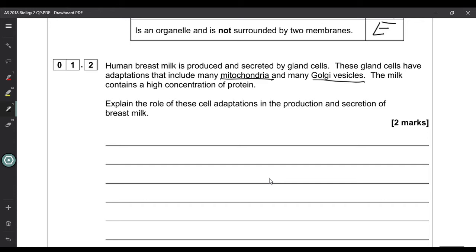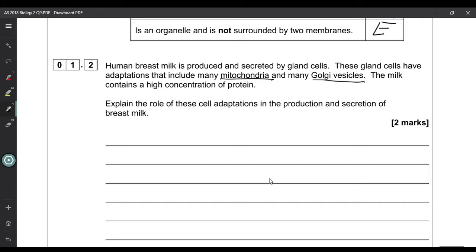So we've got to link the mitochondria and the Golgi vesicles to the production and secretion of breast milk. So if we start with mitochondria, we know that whenever there's large amount of mitochondria in a cell, then that cell requires large amounts of energy. Mitochondria is associated with energy.